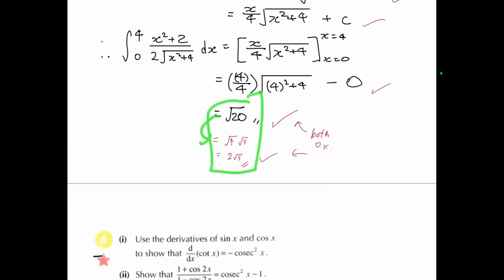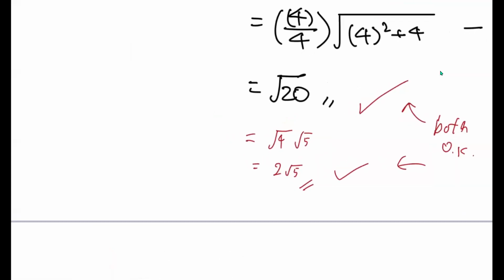simplify it as square root 4 times square root 5, which simplifies down to 2 root 5. Both answers are acceptable. In case in the future you encounter a question where they ask you to leave your answer in the form of a times square root b, where a and b have no common factors and b is a prime number, a does not divide into b and b is prime.